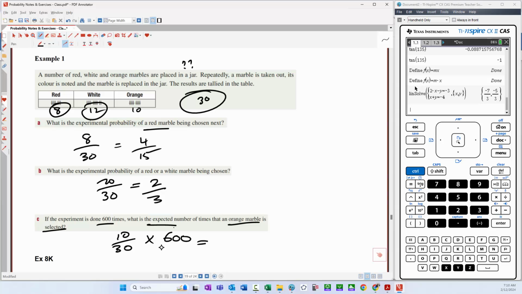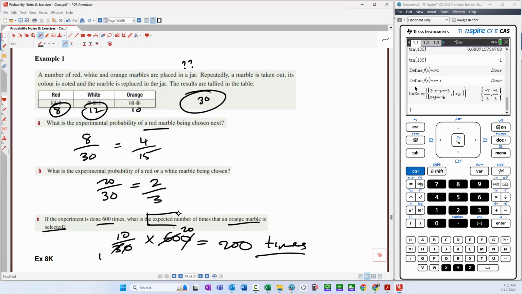So that's going to be 200 times. That's what we would expect to happen. Really I can get 1/3 of 600, hopefully a bit easier than what I just did. But anyway, so 200 times we're expecting an orange marble to come up.